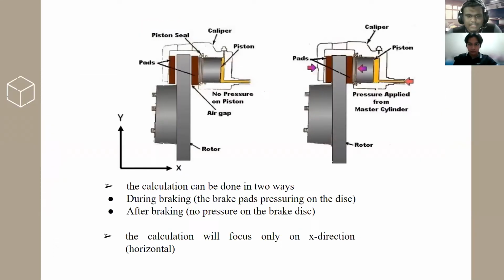The calculation can be done in two ways: during the braking, when the brake pads are pressuring on the brake disc, and after braking, when there's no pressure on the brake disc, or in other words, the brake pad is released. Since our problem only focuses on the expansion causing damage to the brake caliper, our calculation will only focus on the x direction, the horizontal direction.